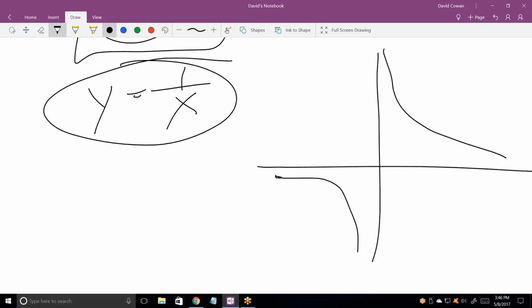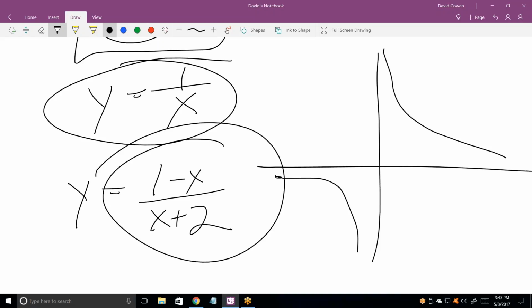But whenever you have something, let's say that it's 1 minus x over x plus 2. That's hyperbolic in nature. Even though it does not result in a 1 over x, it's still going to be hyperbolic in nature.